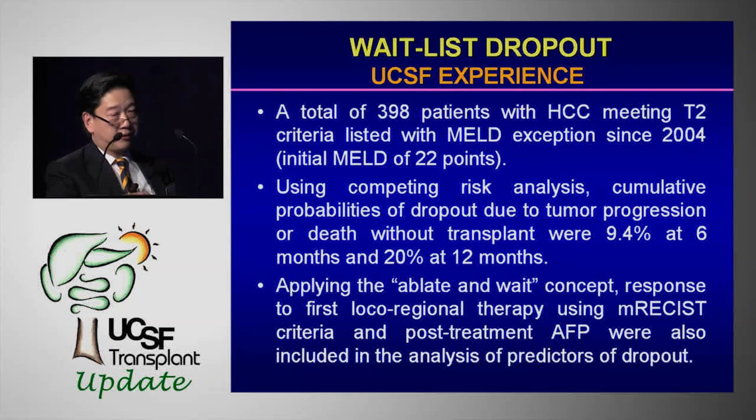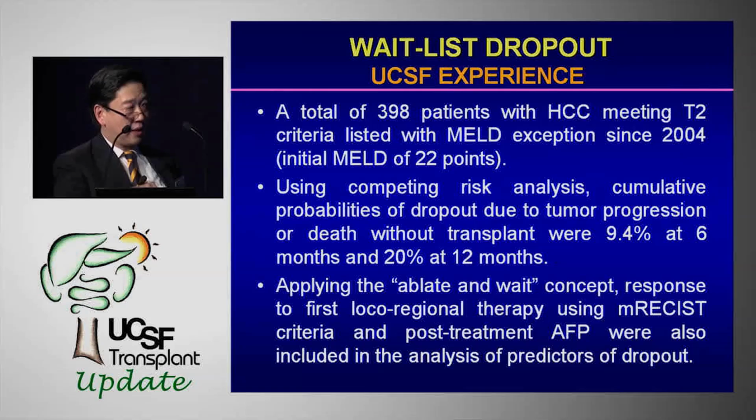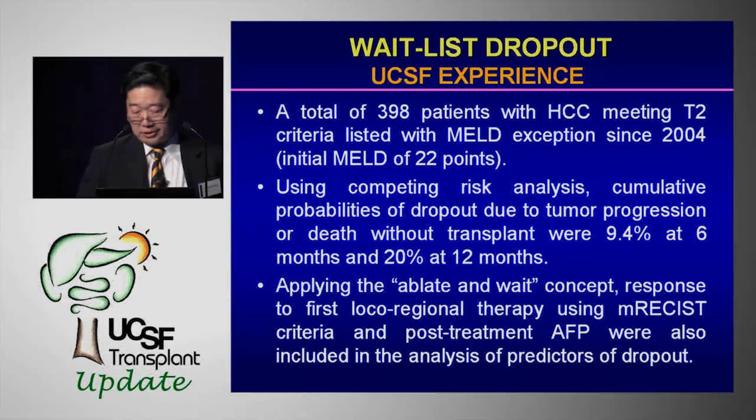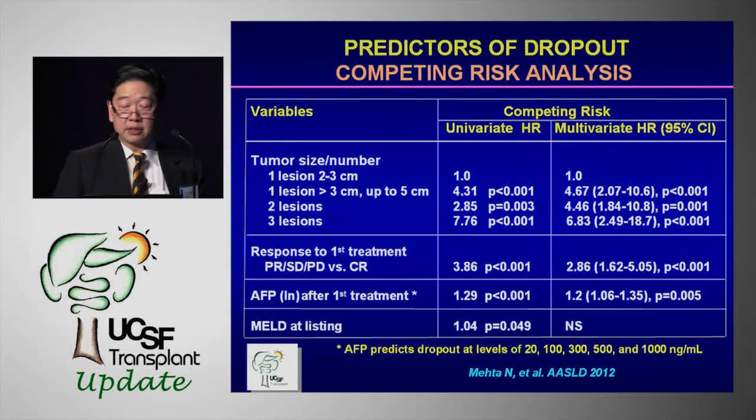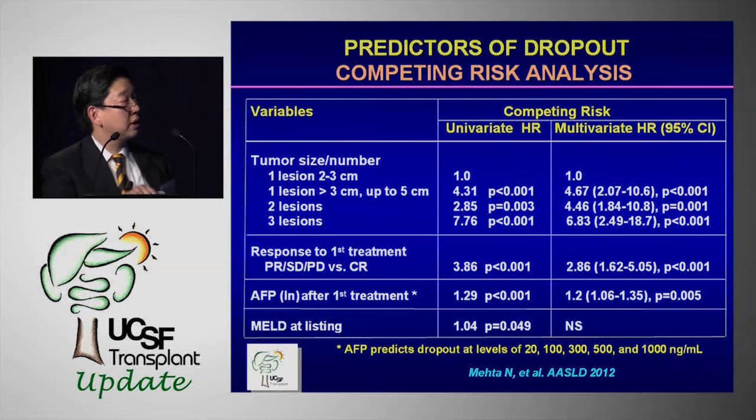We applied this ablate-and-wait approach because we are a center with a long waiting time. The response to local regional therapy was assessed, and the AFP was also analyzed as a predictor of dropout. This is what we found. Using a single lesion, 2 to 3 centimeters, as a reference point, patients with larger tumors or 2-3 lesions are at significantly greater risk of dropout than those with a single lesion, 2 to 3 centimeters.